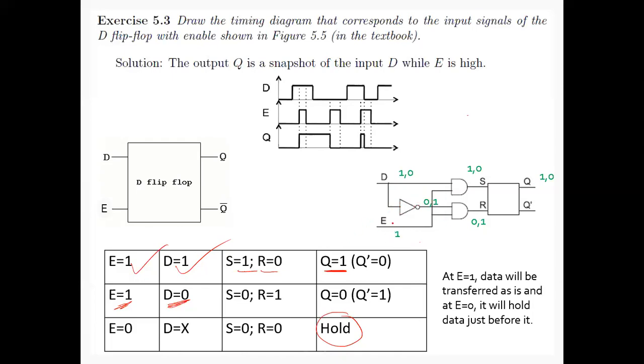Okay, I think I can answer this question this way, based on this picture. When E equals 1, D equals 1, what does this give you? This is 0, and this is 1, and this is 0.